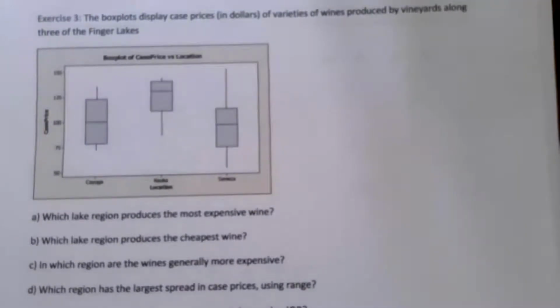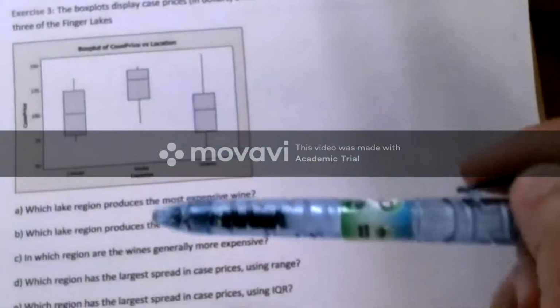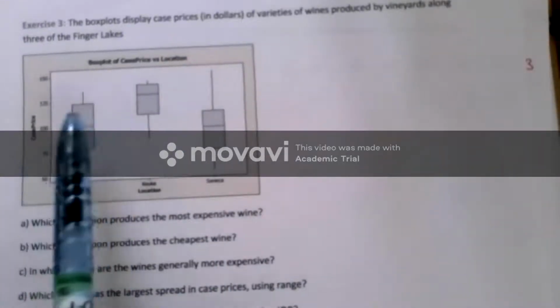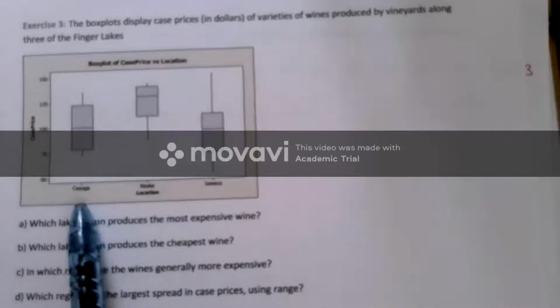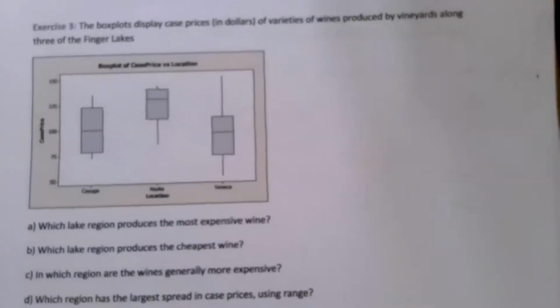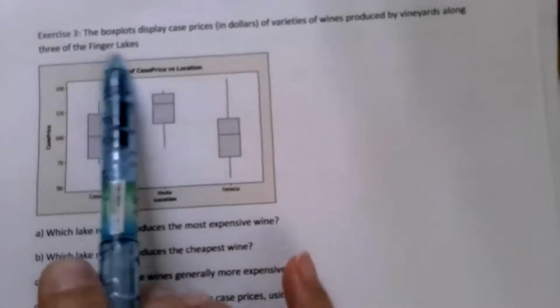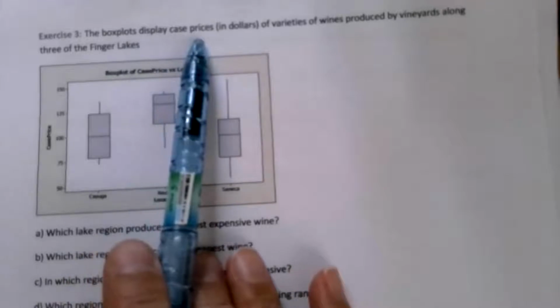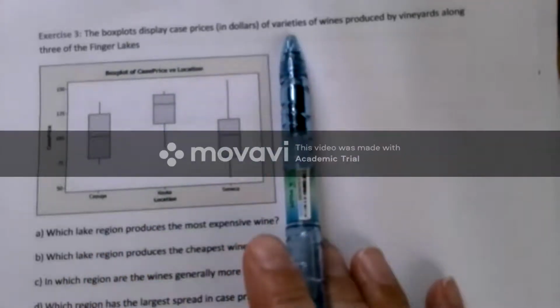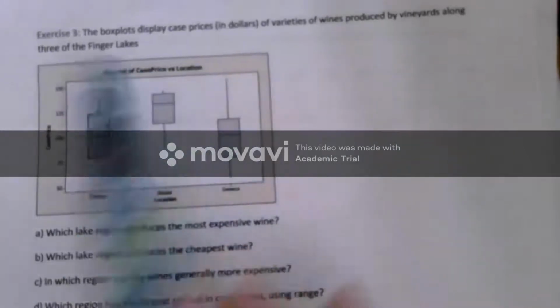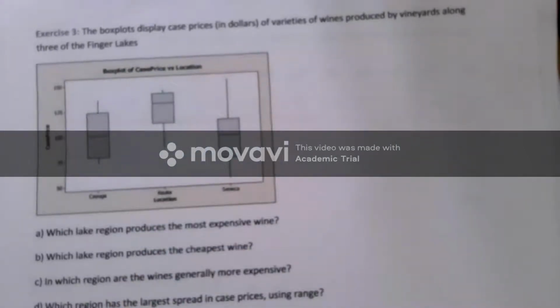One of the advantages of box plots is that you can compare more than just two categories side by side. So in this box plot, we're comparing 3 different vineyards and their prices of wine. It says the box plots display case price in dollars of varieties of wines produced by vineyards along 3 of the Finger Lakes.